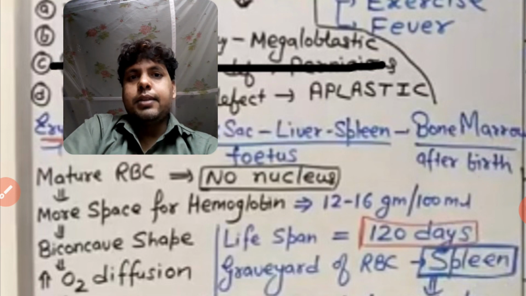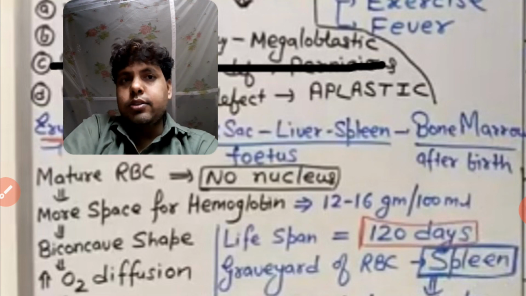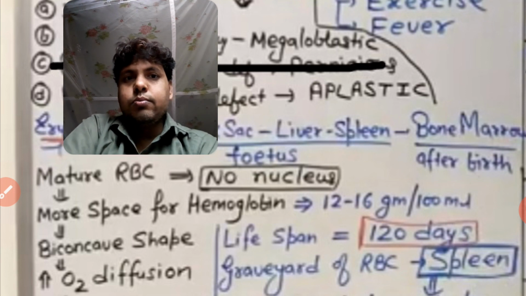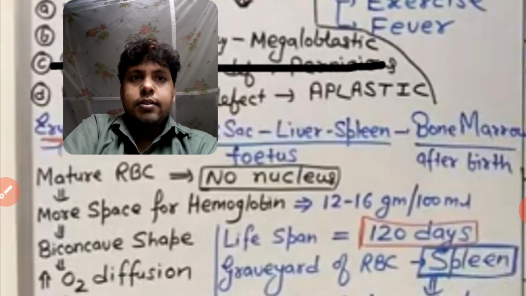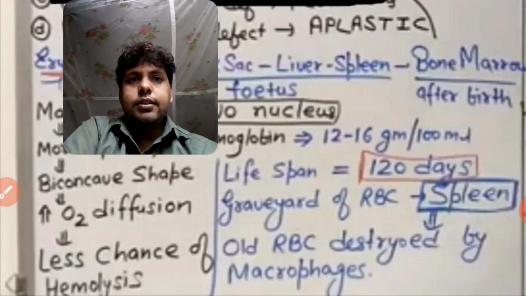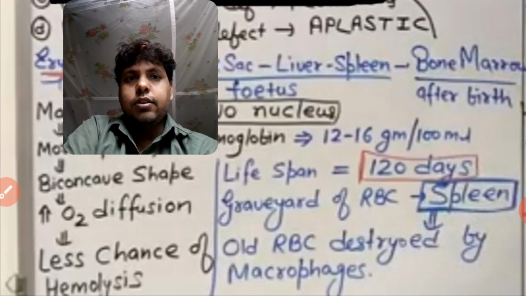It has a biconcave shape. The biconcave shape also facilitates diffusion of more oxygen and contains more hemoglobin, and the cells can easily pass through the capillary meshwork, and they are not hemolyzed.